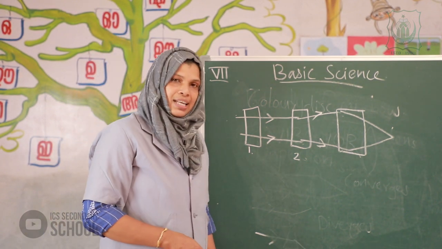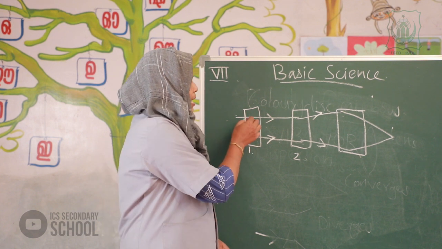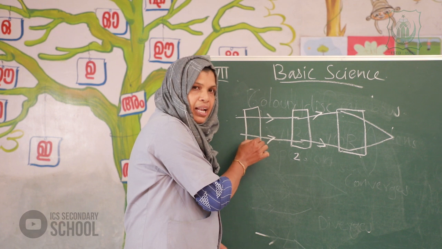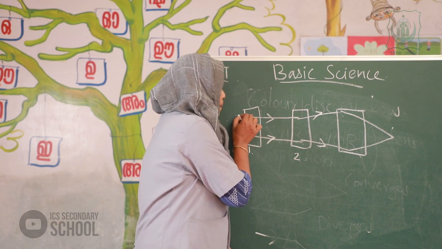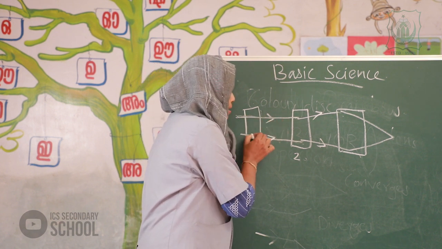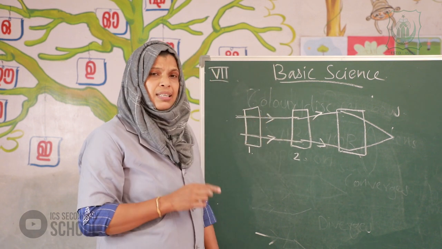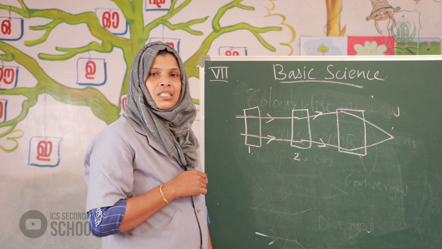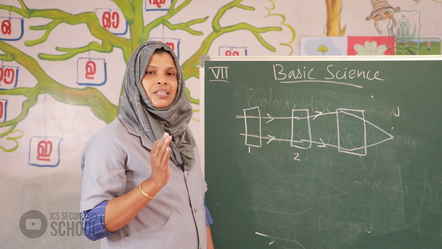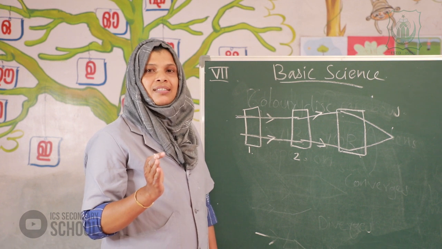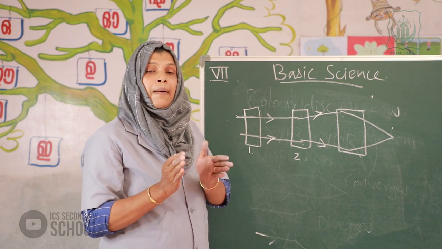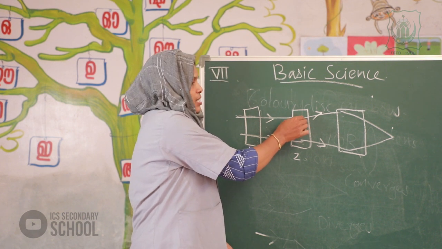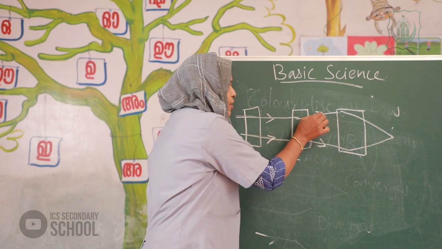You have already studied that when a light beam passes through a plane or glass sheet, it passes in a straight line. When a light beam passes through a concave lens, it separates or diverges.